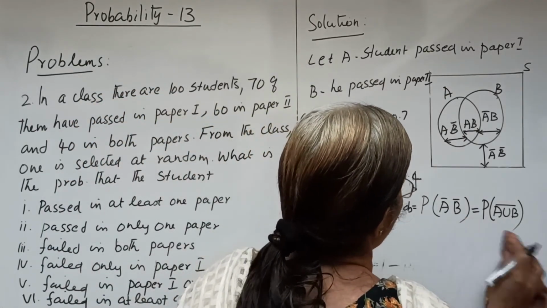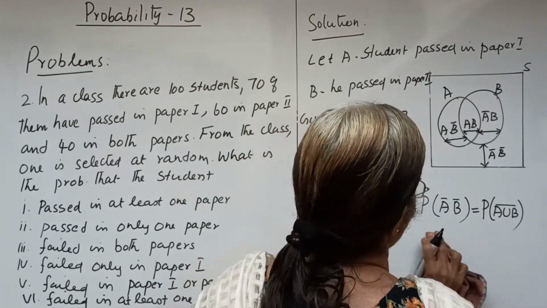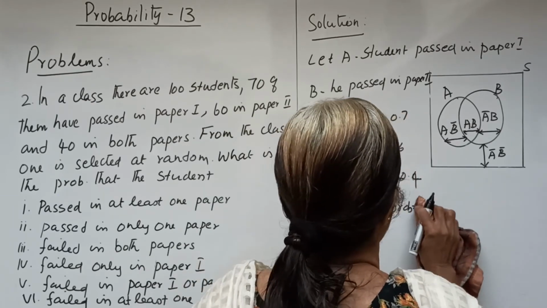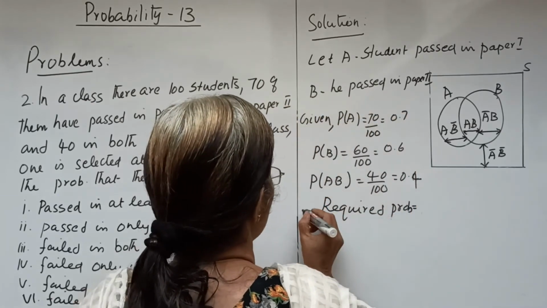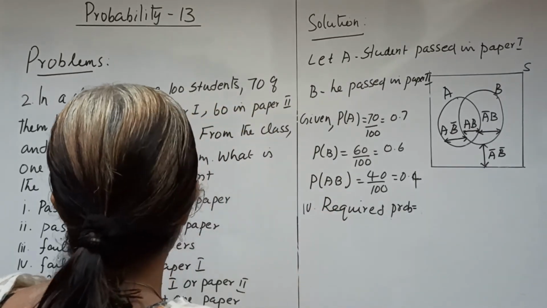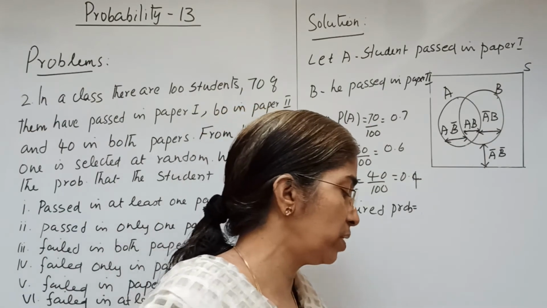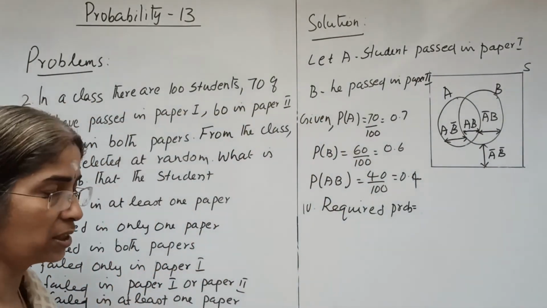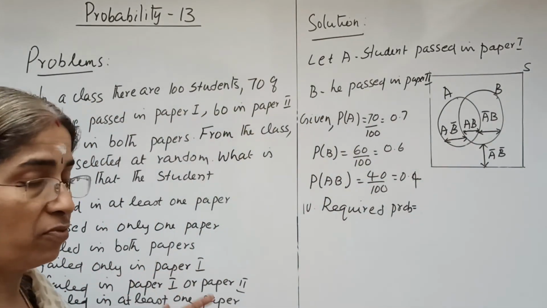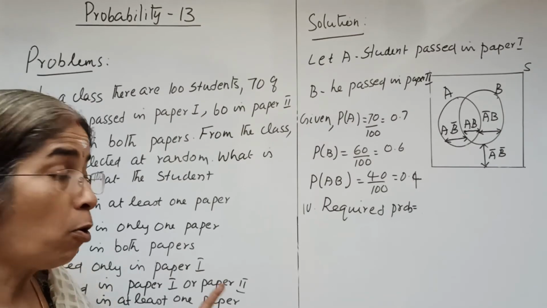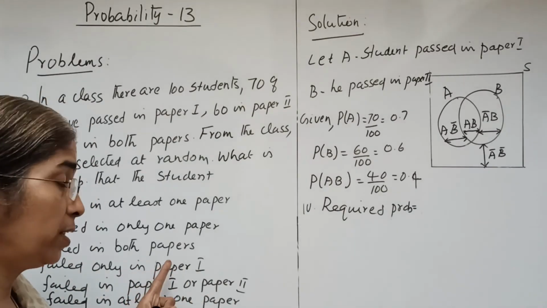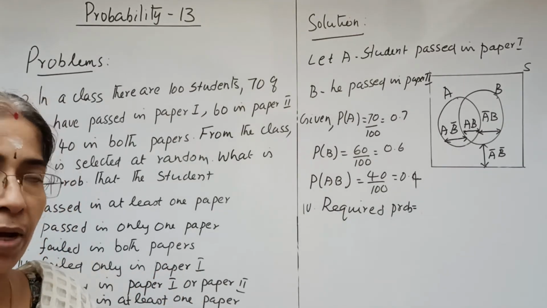The probability required is for the fourth one: failed only in paper 1. Already we have discussed this particular case. Failed in paper 1 means A bar, only in paper 1. It means that he passed in paper 2.